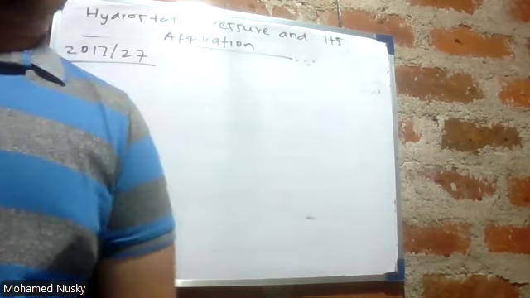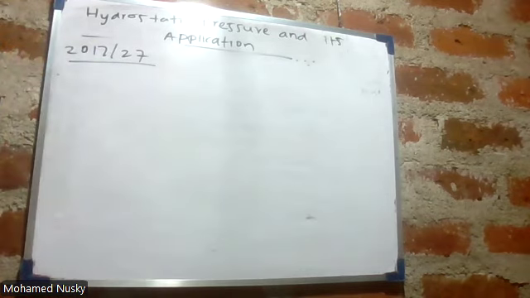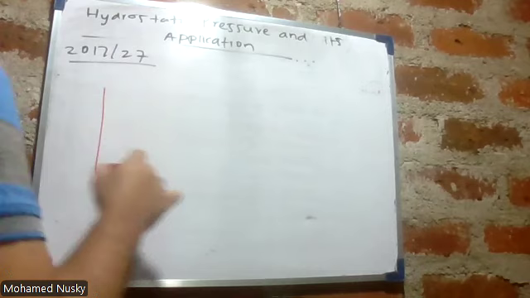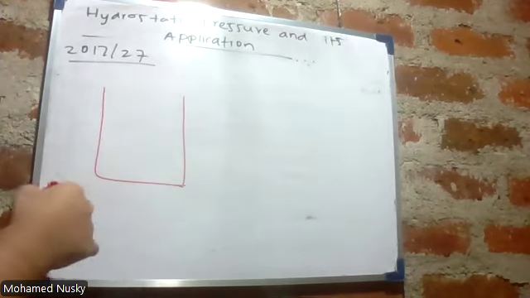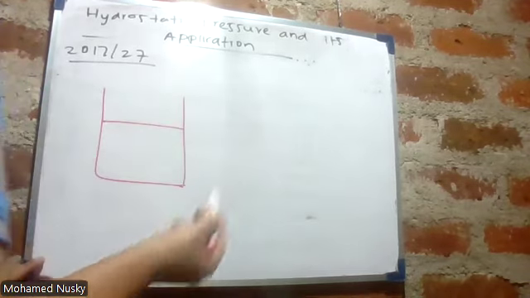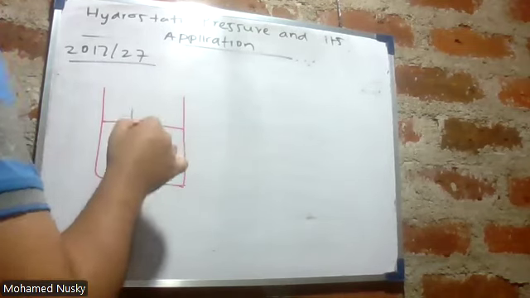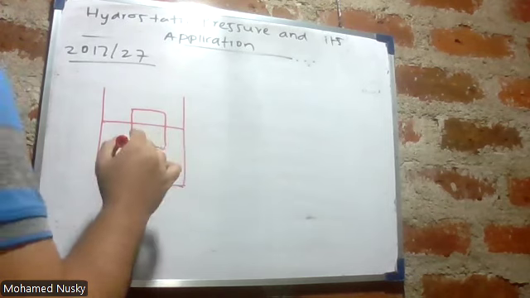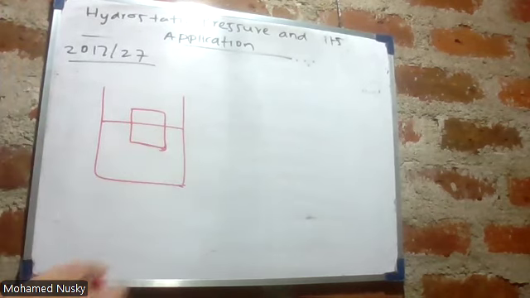Okay, upthrust comes into action. I have a container, and I have filled this with water. When an object is dipped into water and it is floating, why is it floating?